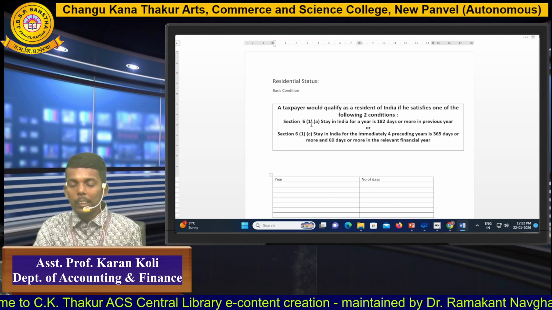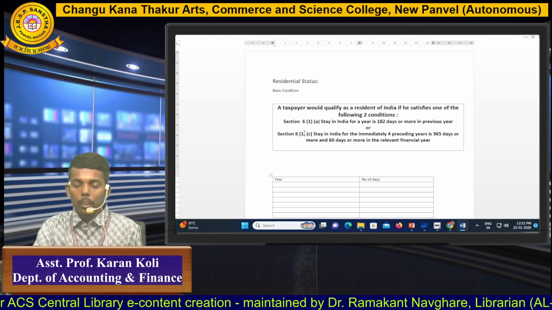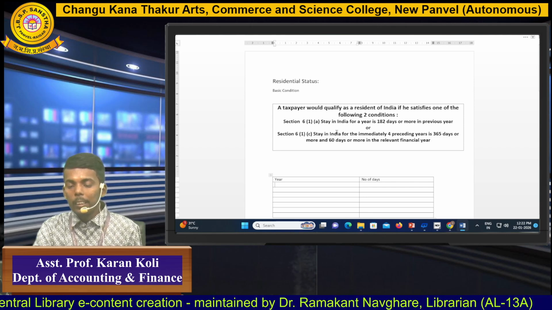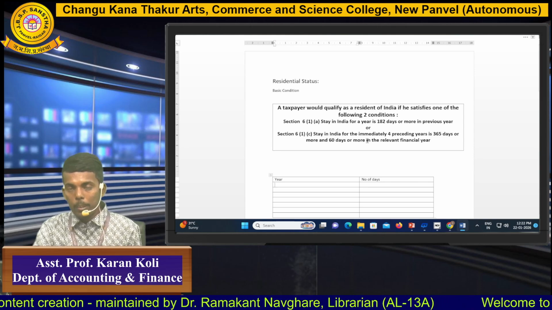Condition number one is stay in India for 182 days or more, and condition number two is stay in India for 365 days in the preceding 4 years and 60 days in the previous year.